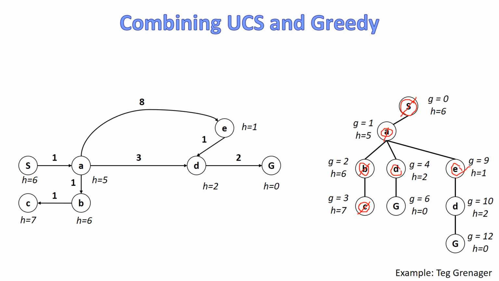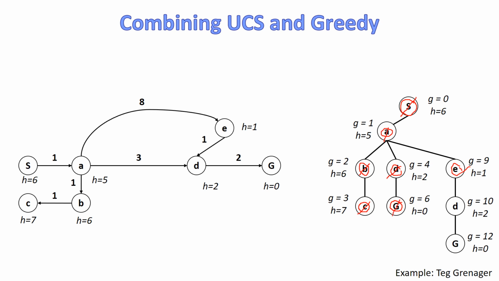But at that point, what did we do actually? If you think about the problem, we went through S to A to D to C, which is completely the wrong direction from the goal. That's because uniform cost search, of course, doesn't look into the goal. Next, will you expand D or E? D, okay, so we'll expand D to G. Now we have G. Now 6 and 9, which one should be expanded next?